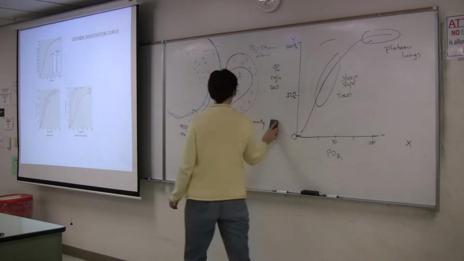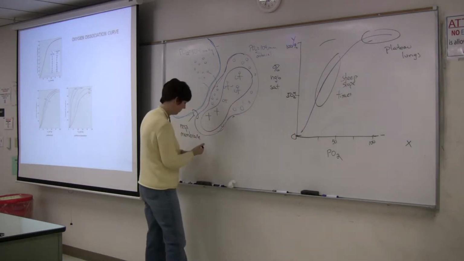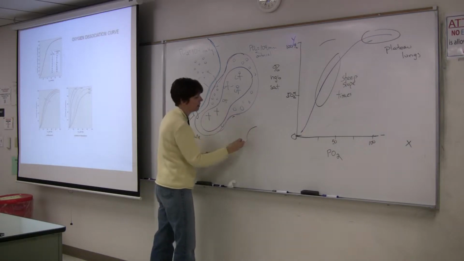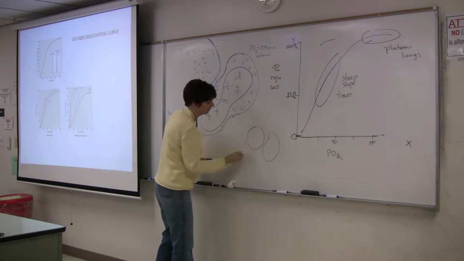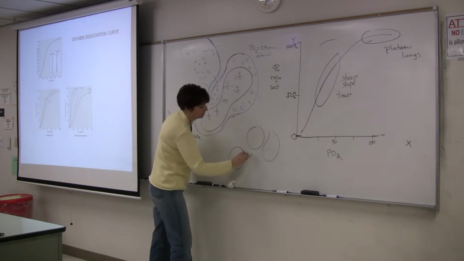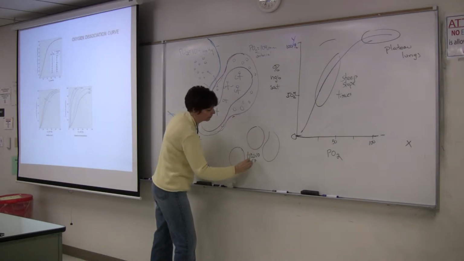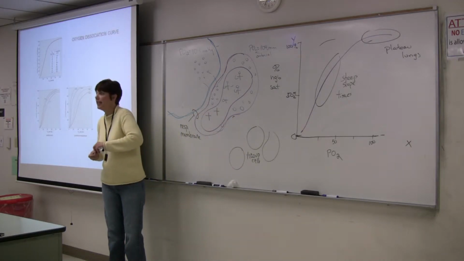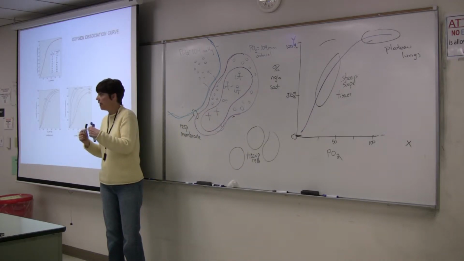In the tissues, and we'll just draw this in the same area. So here's a tissue cell. Because of metabolic activity, the cells need oxygen, right?